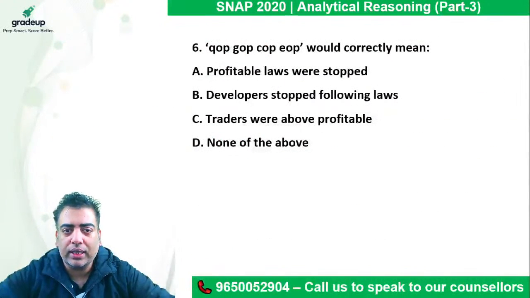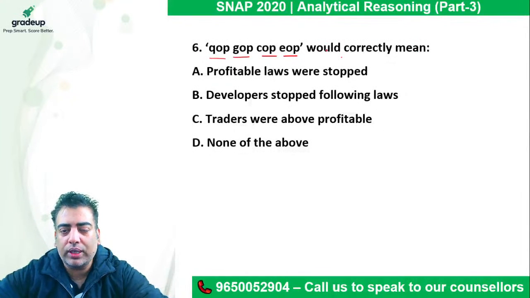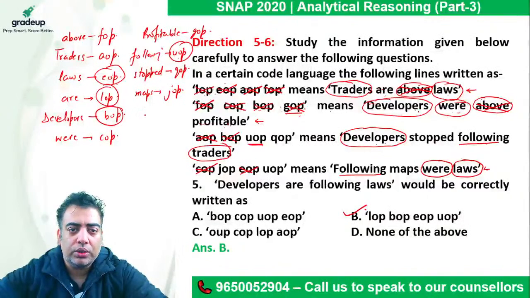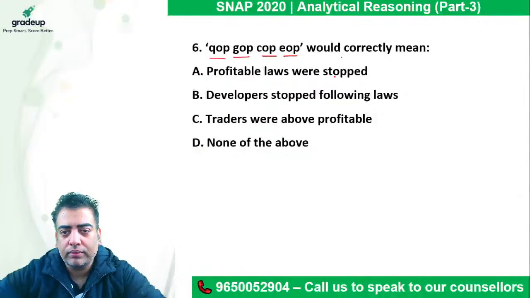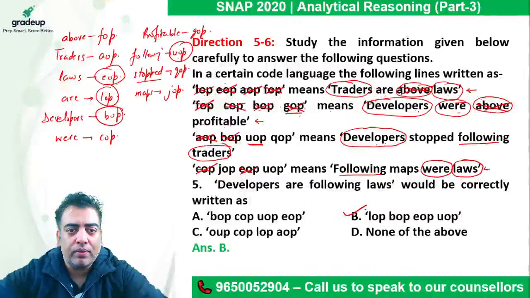So here he's asking what QOP, GOP, COP, EOP would correctly mean. So let's have a look at QOP. QOP is the code of stopped, and stopped is there in these two statements only, but we need to write it because one of the options is none of the above. Then GOP is the code for profitable.